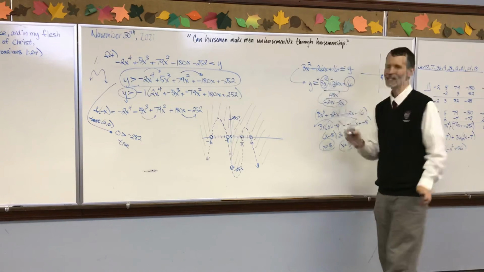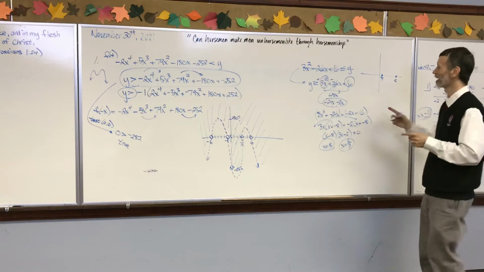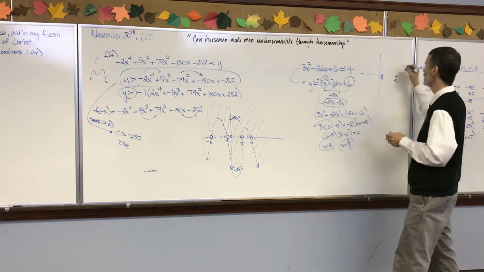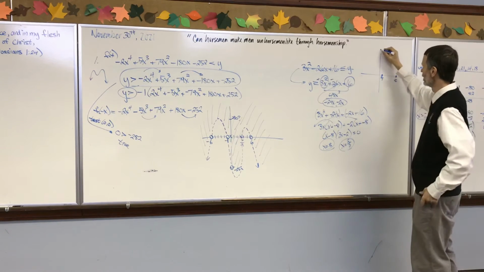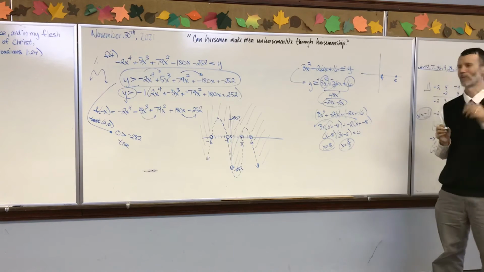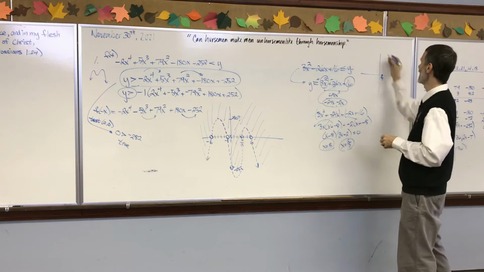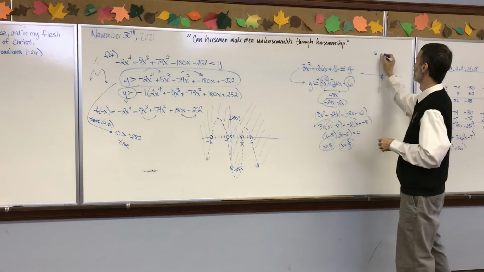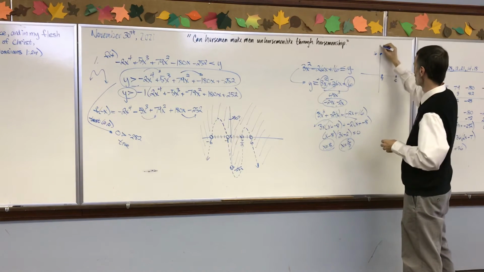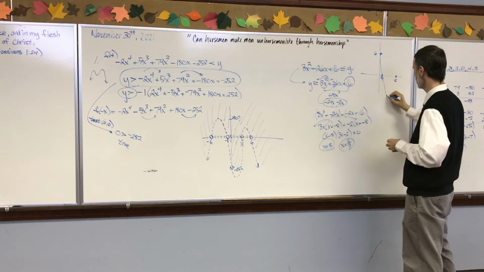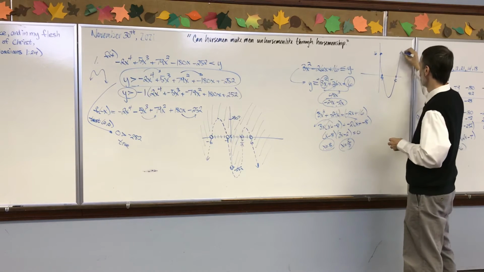Right. It's a positive quadratic. So it's a positive parabola. It's going uphill. You could probably find one more point for me. The y-intercept is where? 16. Which kind of makes sense. So it's going to go down, hit somewhere, and go up.